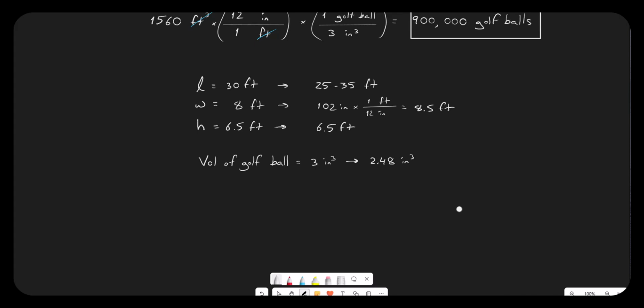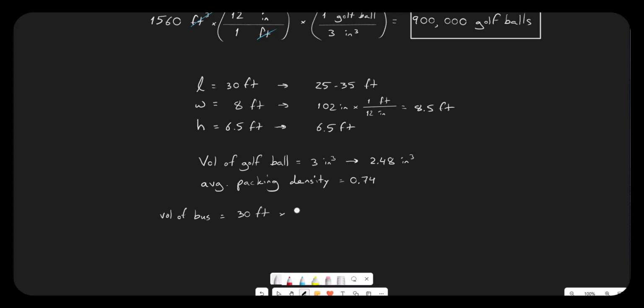The average packing density of golf balls is, so average packing density, I'll talk about what that means in a second, is 0.74, which means I can actually do the math and find how many golf balls would fit inside a school bus. I'm going to stick with the 30 feet. It falls right in the middle of my range. I'm calling that good.